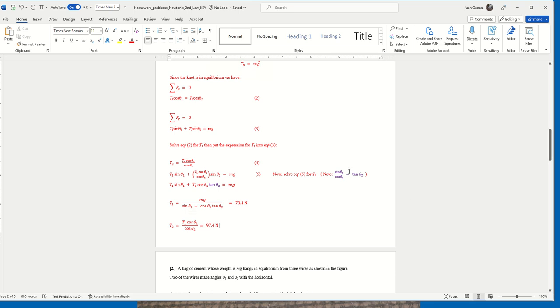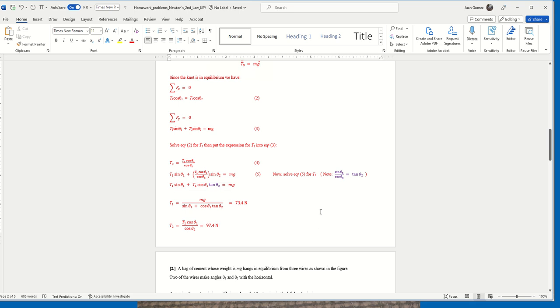Well, notice sine theta 2 over cosine theta 2, that term right there, is tan theta 2. So I can replace sine theta 2 divided by cosine theta 2 with tan theta 2, see, in the purple. Now I have an equation where the only unknown is T1.